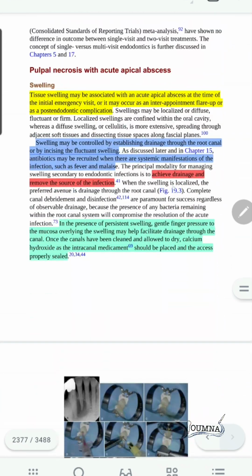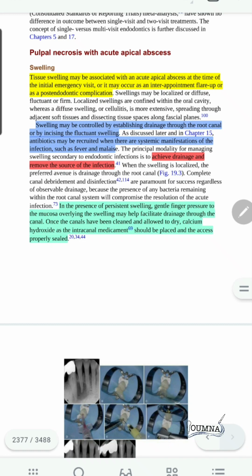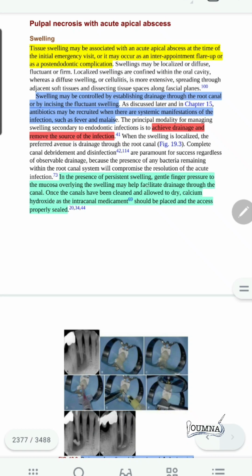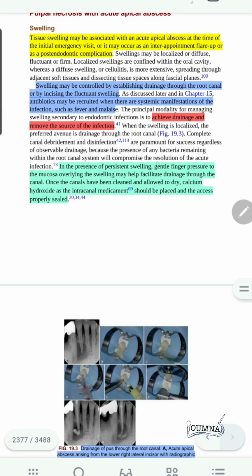If we have a swelling, we can push on the mucosa overlaying the swelling to help facilitate the drainage through the canal. Or, if it is big, we can do an incision and allow the pus to move out, incising the fluctuant swelling.